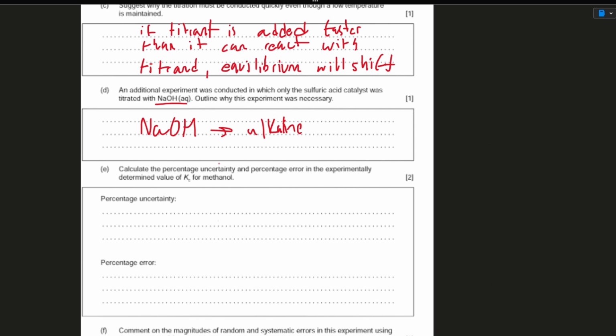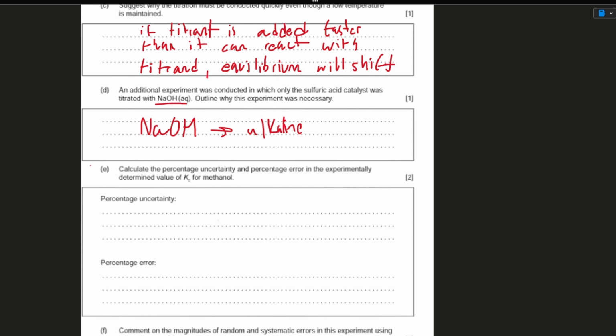So by stabilizing sort of the pH, it helps eliminate the error that was caused by the sulfuric acid catalyst.